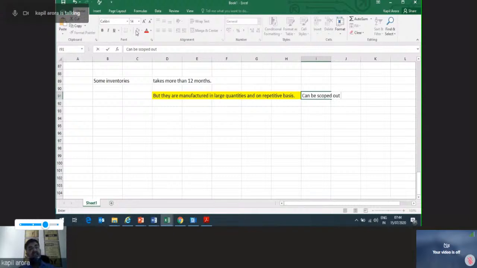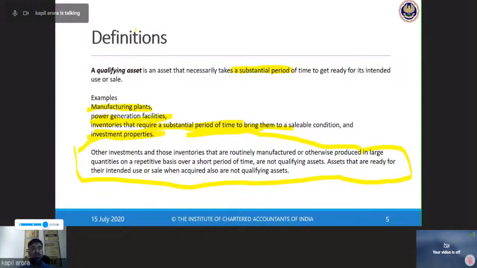as qualifying asset. Now if I talk about wine, what happened with wine? Does the company producing wine just produce once, or do they keep producing every time? Generally these are considered in large quantities on a repetitive basis over a short period of time. It means that every day I am producing a lot which goes into the store.